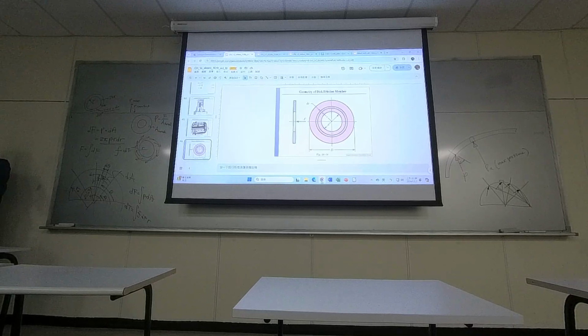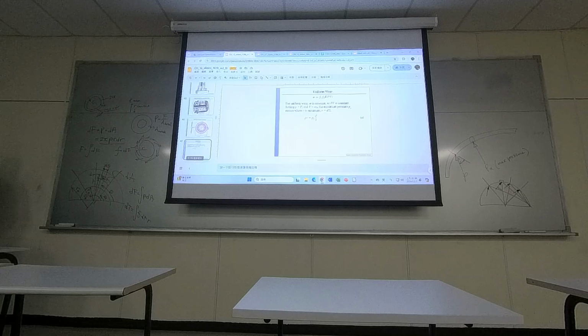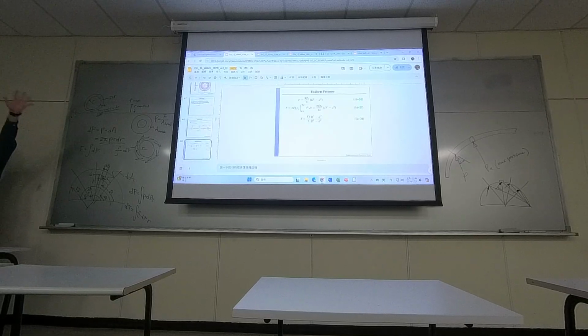From the derivations, we realize that if you follow the so-called constant wear model, then the pressure at the inner radius will be larger and the pressure at the outer radius will be smaller. But there is a different model where you assume the pressure everywhere is the same. Then the calculation gives you different results.